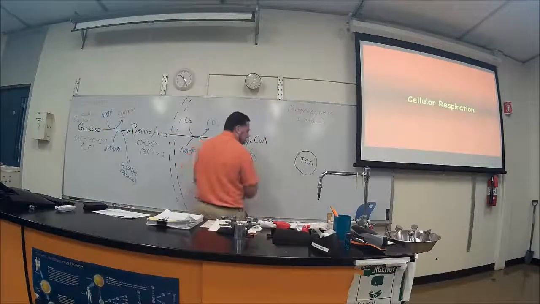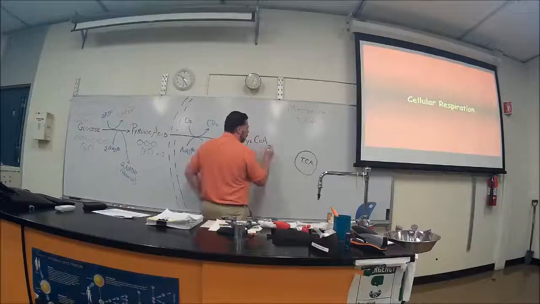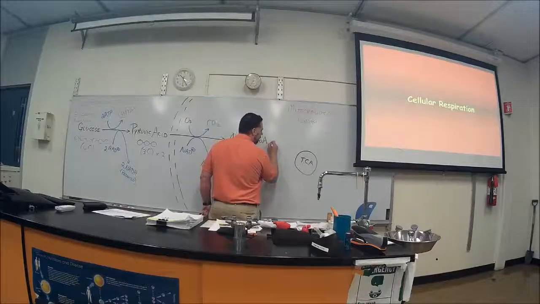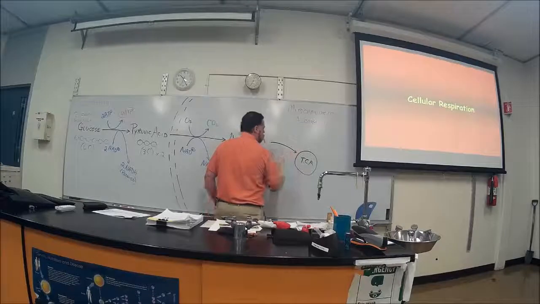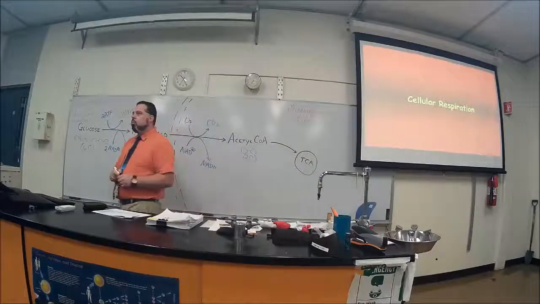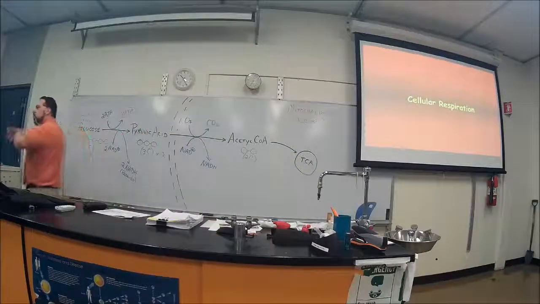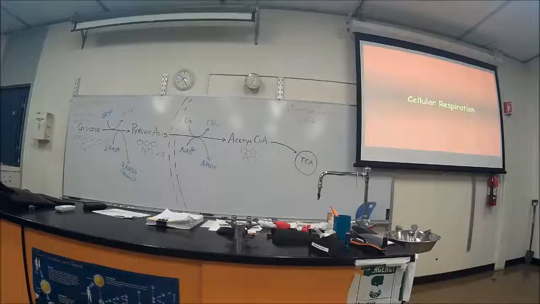This acetyl-CoA is going to enter this. It's a cycle of a number of reactions, which again, you don't have to worry about. The structure changes in so many different ways, and there's an enzyme for each one.